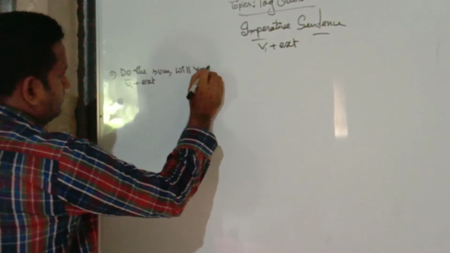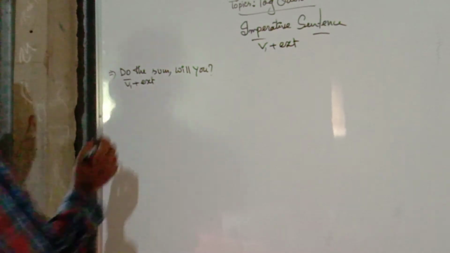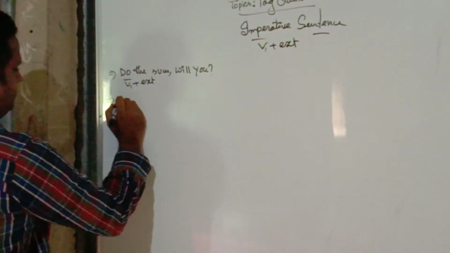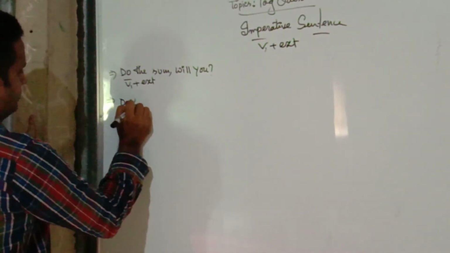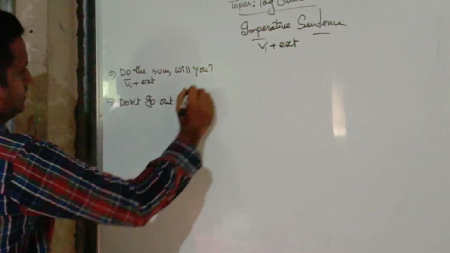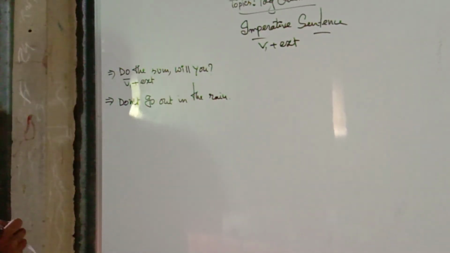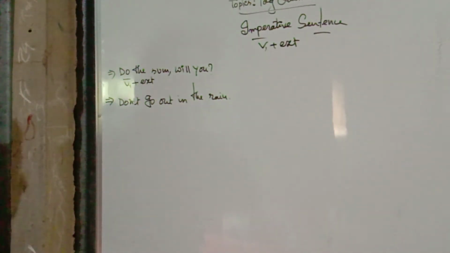Will you? So will you is the tag here. Don't go out in the rain. That is another imperative sentence.